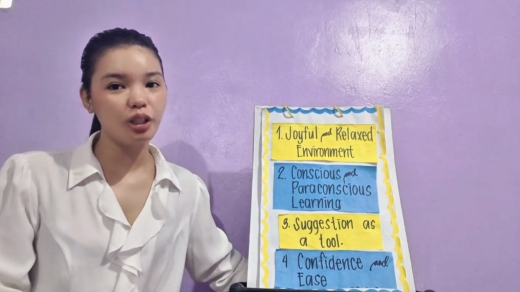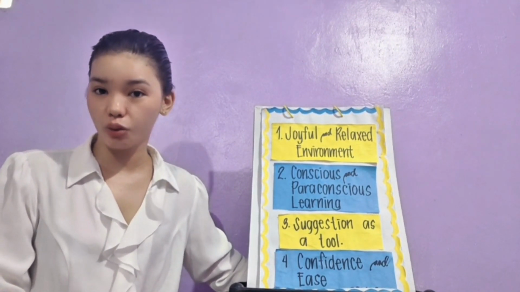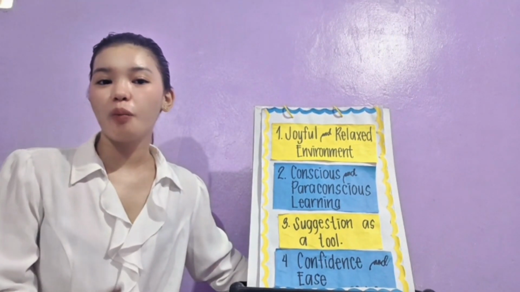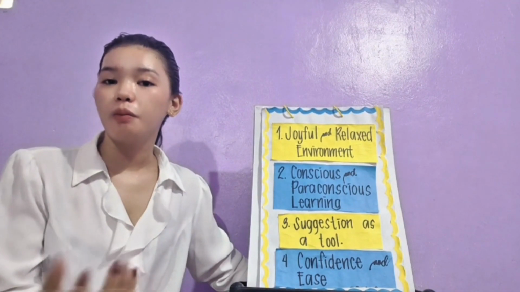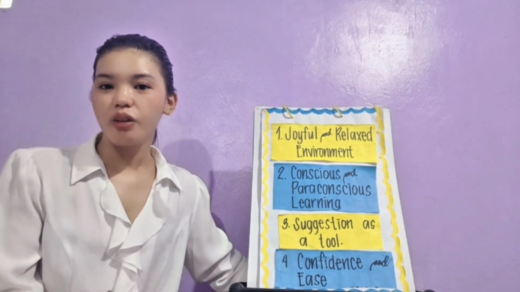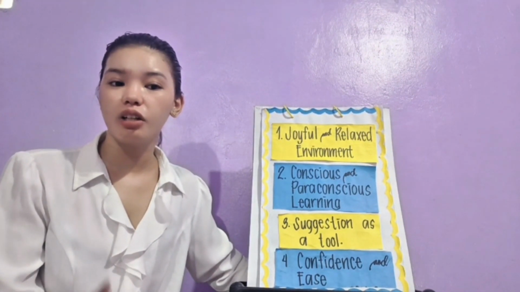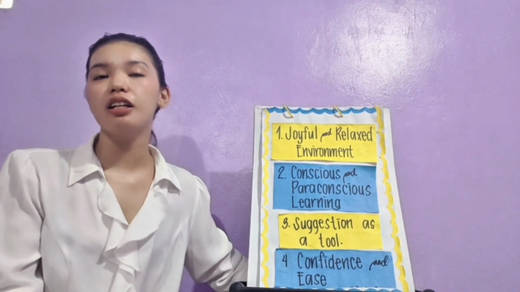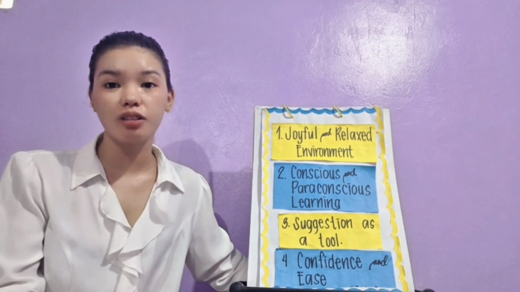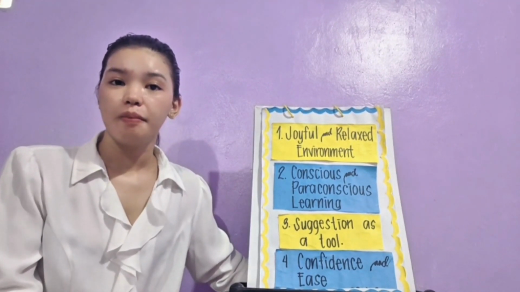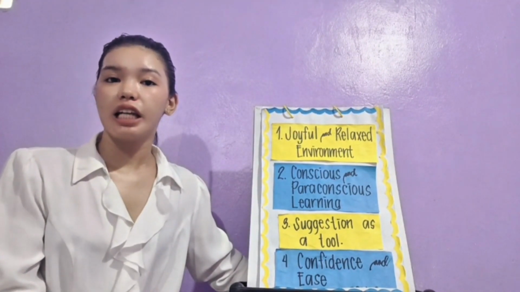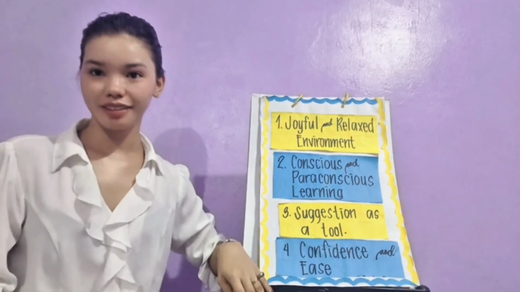And also in the third principle, the suggestion as a tool, of course, when the teachers are open to suggestions, you can have the ease because they already know what these learners want. And of course, the children can learn easily because the teacher can have the strategy on learning.